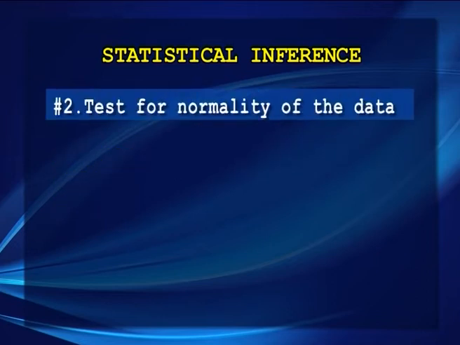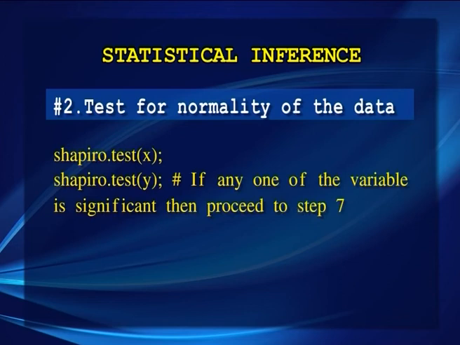Next we will test for normality of the data. For this Shapiro test is used. So the command is shapiro.test(x) and shapiro.test(y). If any one of the variables is significant, then proceed to step 7.